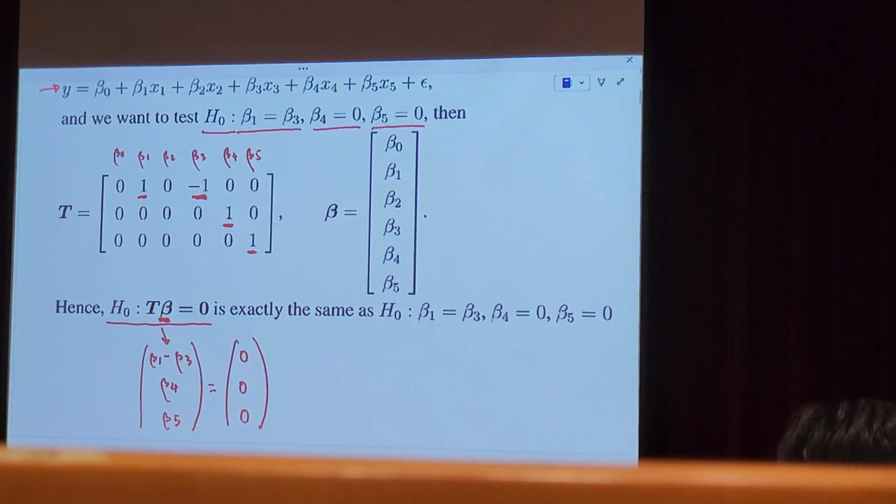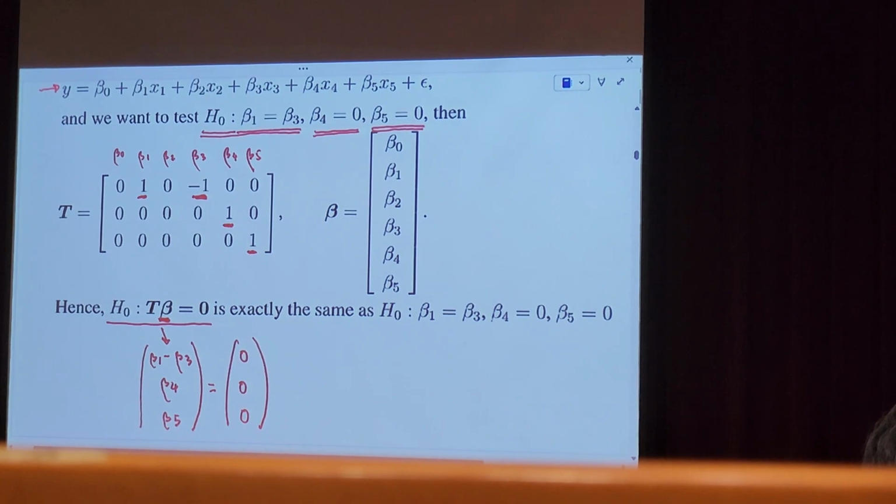In other words, whether beta 1 is equal to beta 3. Second line shows that we want to test beta 4 equal to 0. And then the third line tests beta 5 equal to 0. So it's exactly the same as this one. See? It's exactly the same.